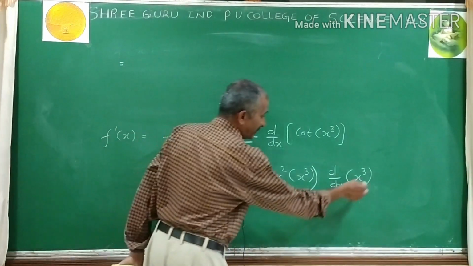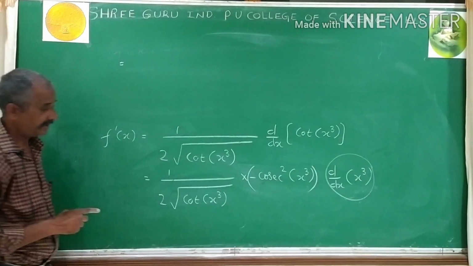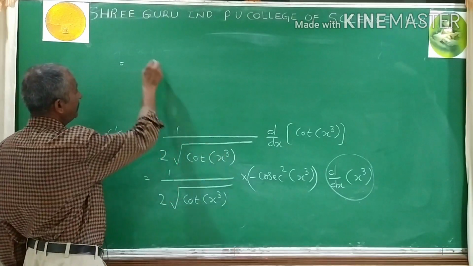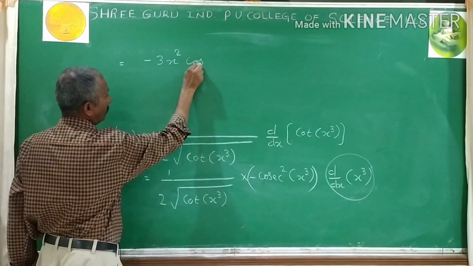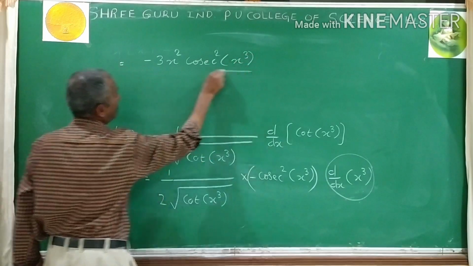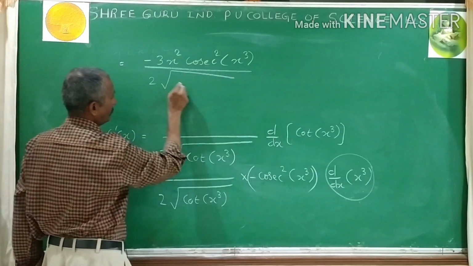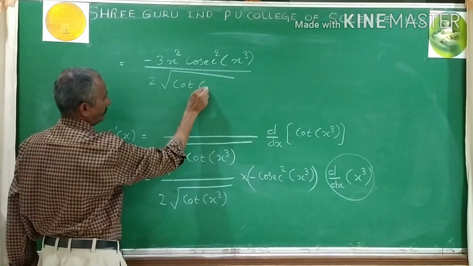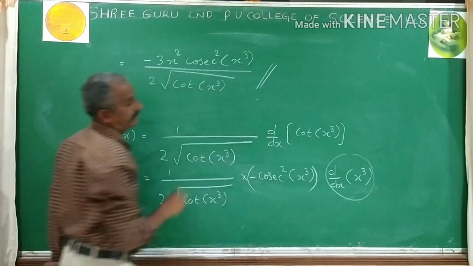As you know by standard formulas, the differentiation of x cube is 3x square. So the total is minus 3x square into cosec square x cube, whole divided by 2 into root of cot x cube. That's the final answer.